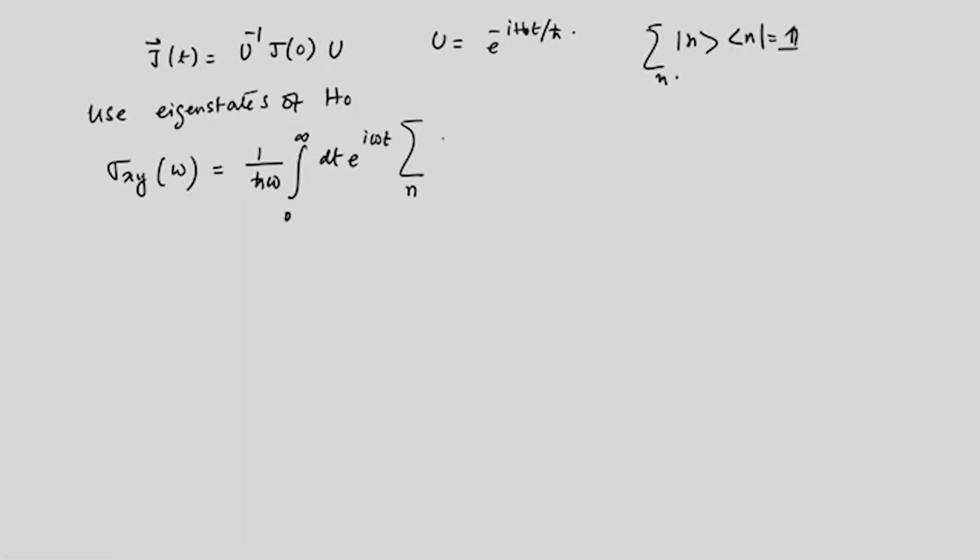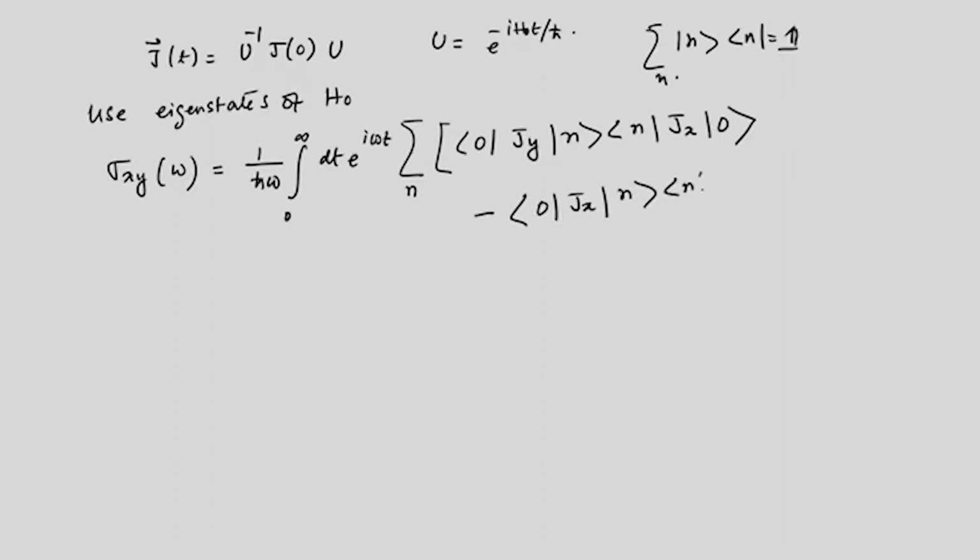So this is there, and then you have a term which is <0|jy|n><n|jx|0> and a minus <0|jx|n><n|jy|0>. So this is the simpler form, in the sense that I have used the information that is already inbuilt into the problem. That is, we know these eigenstates.